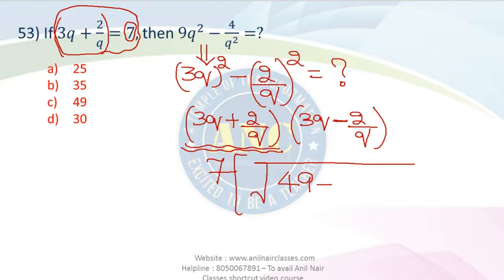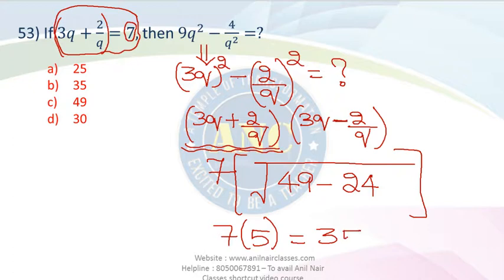B value is nothing but 2. 12 into 2 is 24. That means square root of 49 minus 24. Square root of 25. Square root of 25 is nothing but 5. 7 multiplied by 5. Answer for this question is how much? It is 35.